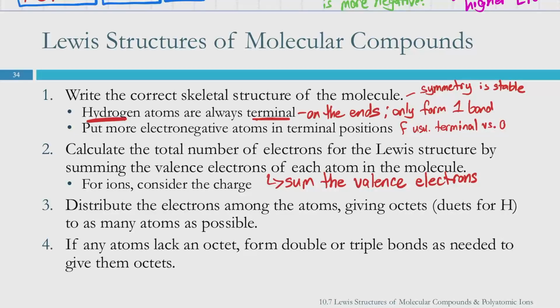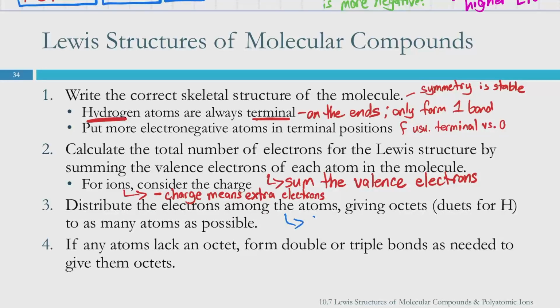We can also have ions. A negative charge means extra electrons, one for every charge. If you have a positive charge, that means take away electrons. And then we're going to distribute the electrons among the atoms.